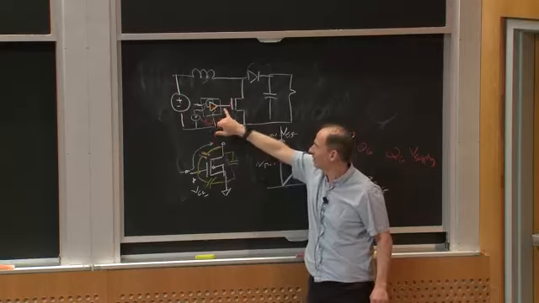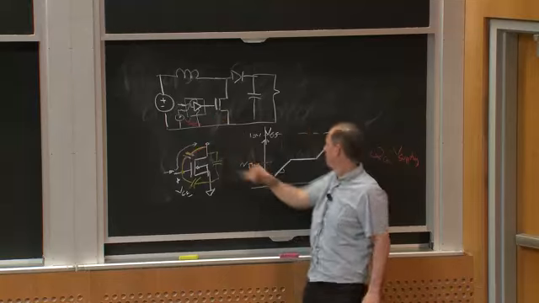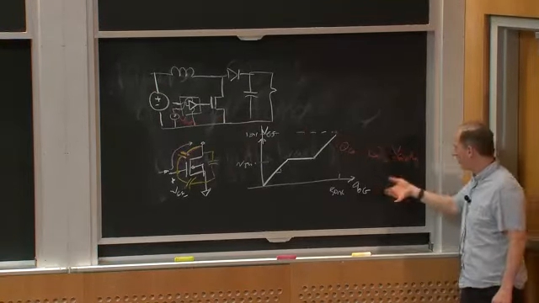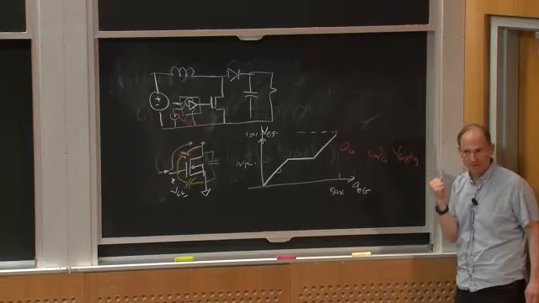But then in the end, I dump all that energy anyway when I turn the switch off. So each cycle I'm going to lose QG times V supply, or my power is going to be QG V supply times the switching frequency. Does that make sense to everybody?